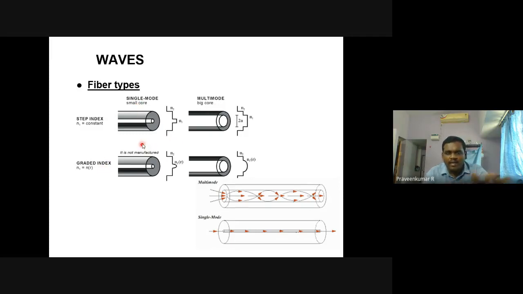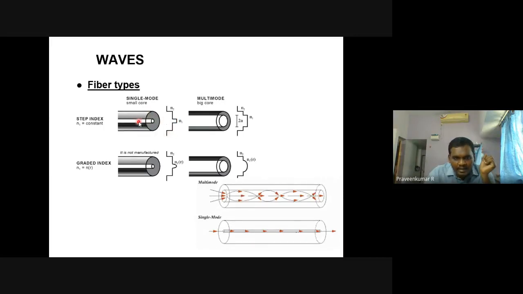So that is how we can compare using this one particular diagram. Based on this diagram, we can present four types of fiber types that are available. So for the particular single mode fiber, you can see here this is the core area.